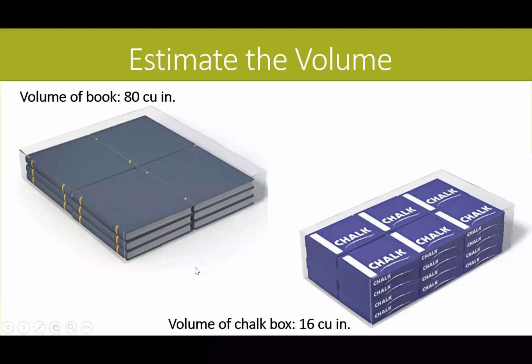Okay, so let's estimate the volume here again. So what we have is a big box, and you can very clearly see the gap in this one. And that box is filled with books. How many books? Count them up.